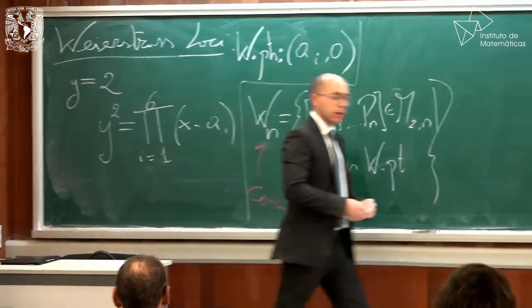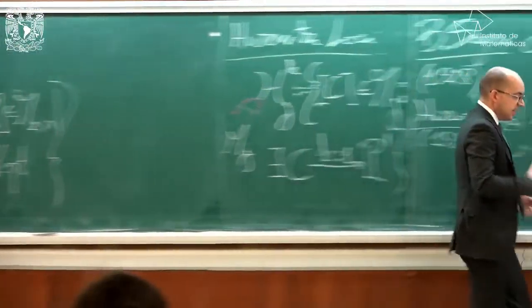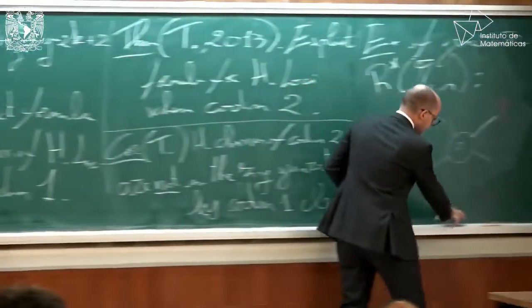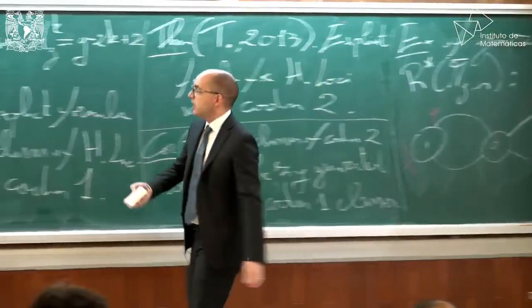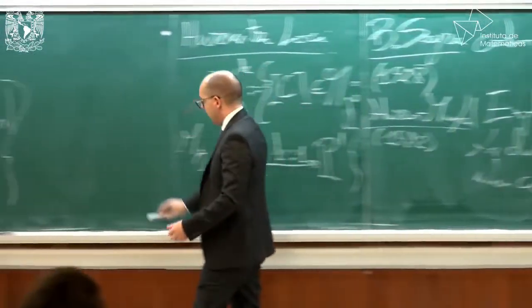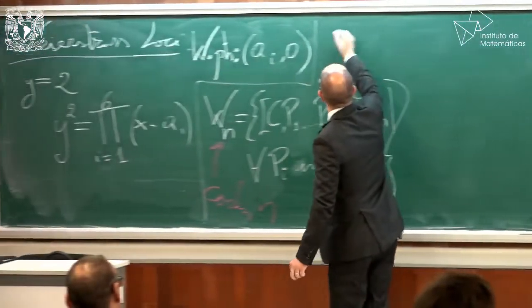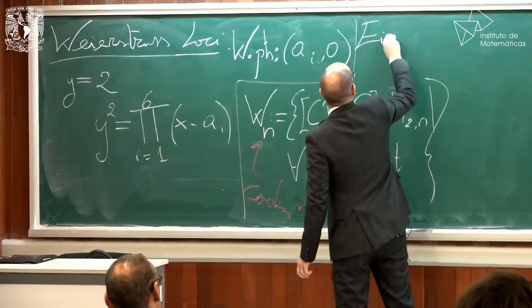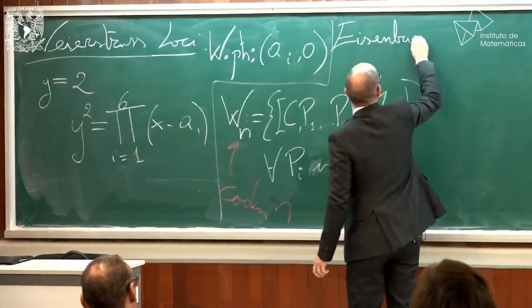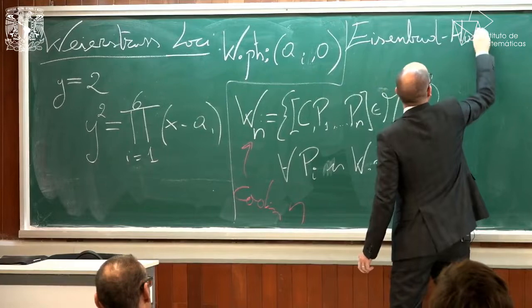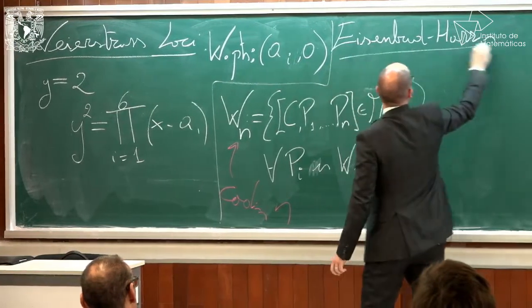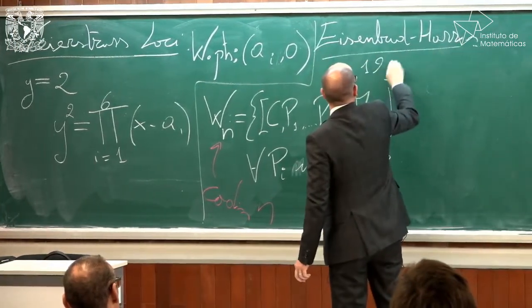So let's see what we know about this. The divisorial case, the case of codimension 1, as always, was already treated in the literature. And the first contribution here is due to Eisenbud and Harris. We are in the 80s, 1987.